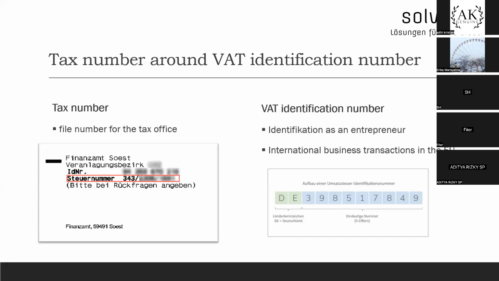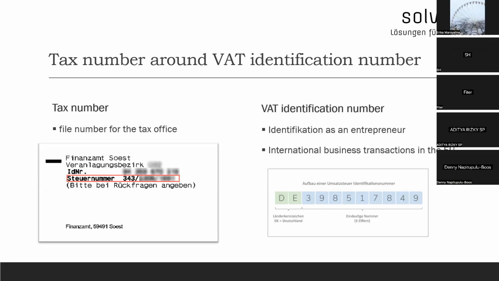It's important to have it, whether you do national or international business. In general, it makes sense to apply for this VAT identification number in case you will need it. And of course, usually you need to put the tax number on your invoices by law.